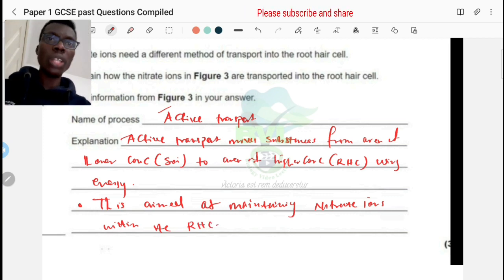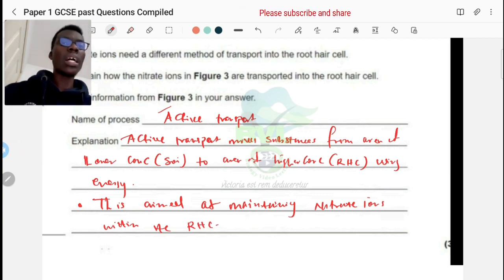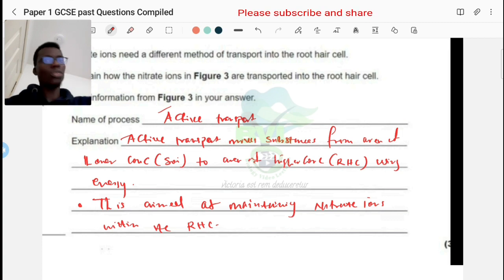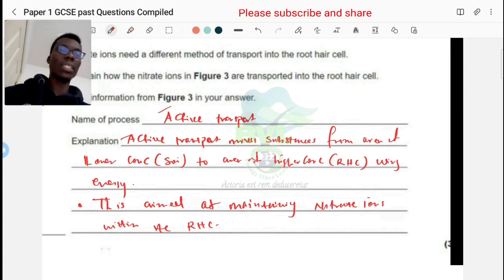Because if it were going to use diffusion, that means the plant will literally lose all its nitrate into the soil, which is not healthy for the plant.